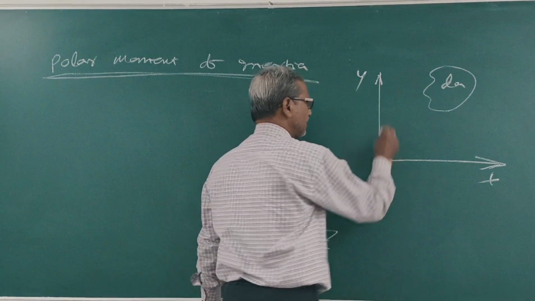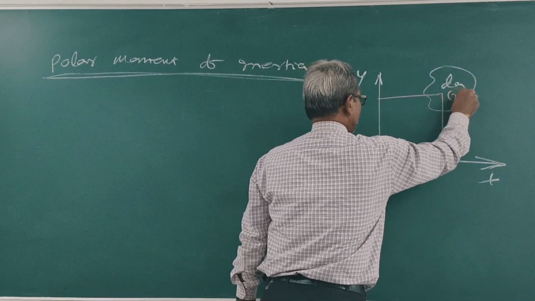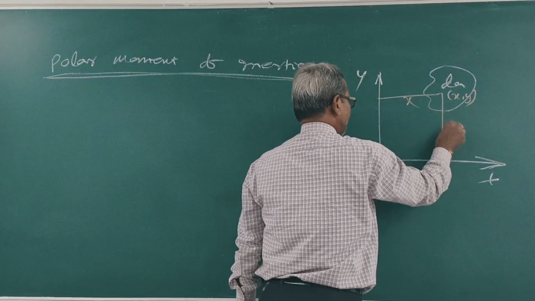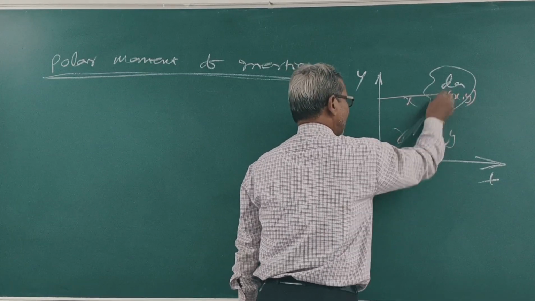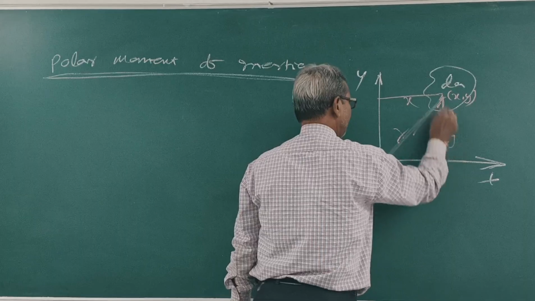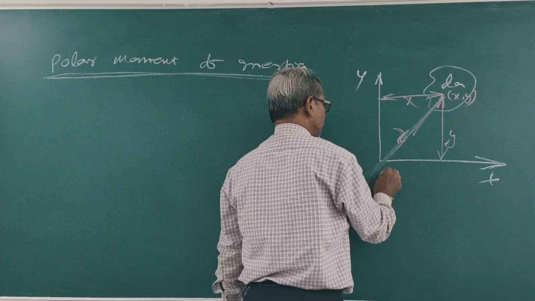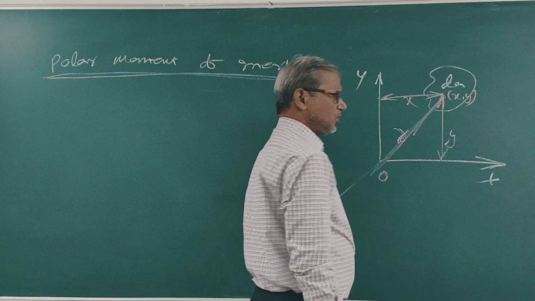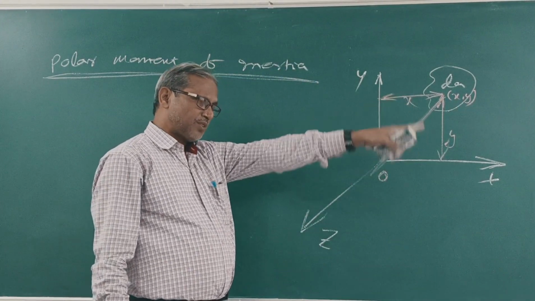This is r, origin O. Clear? This is the x-axis, y-axis, and this is the z-axis.